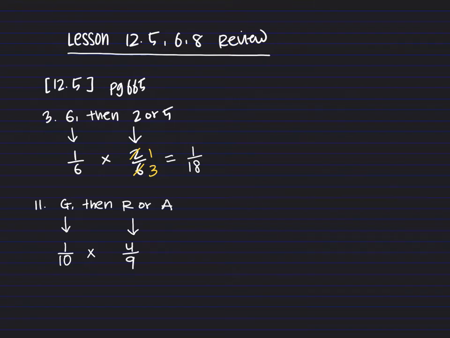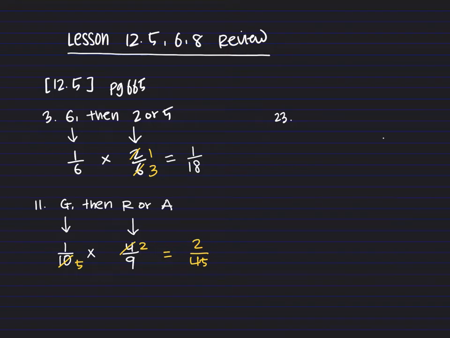So you always have to pay attention if they say without replacing or with replacing, because the number on the bottom is going to change depending on that condition. In this case, I am going to simplify again. I use 2 to simplify 4 and 10, and the final answer is 2 over 45.